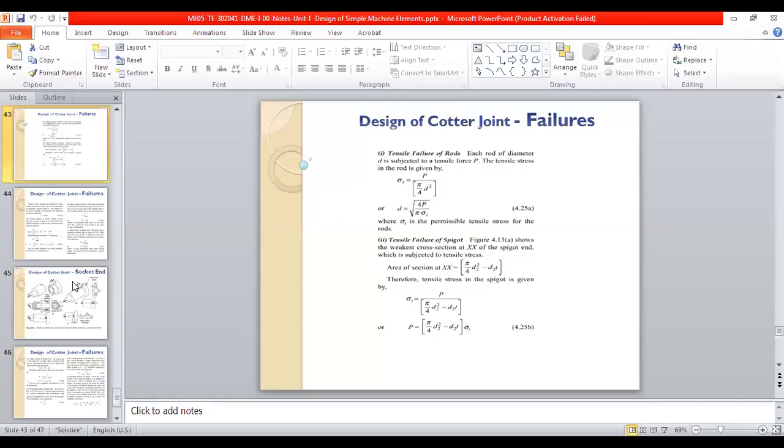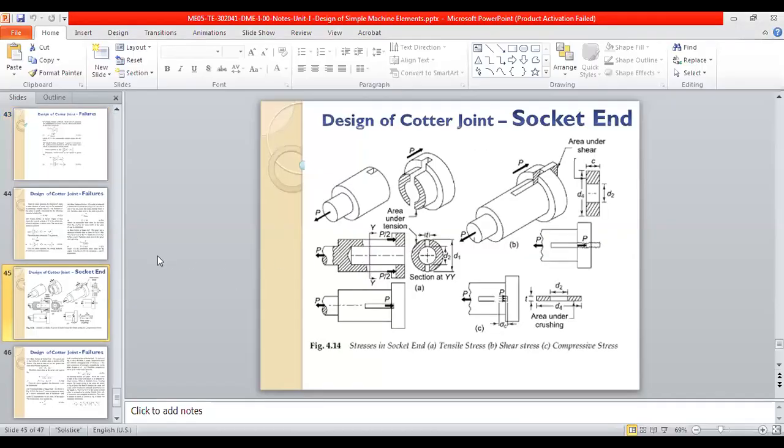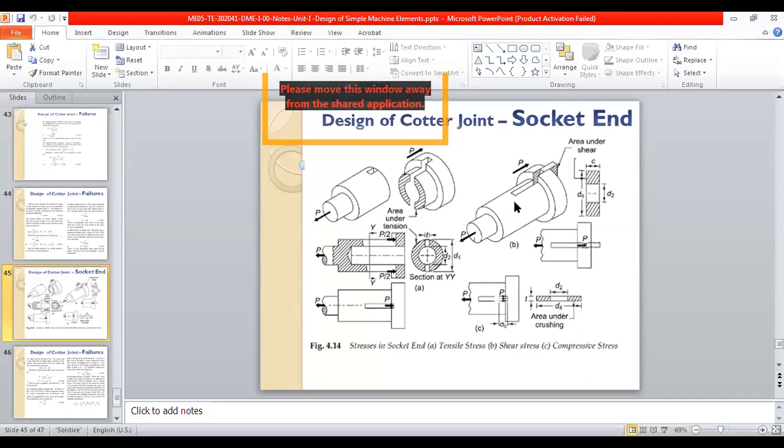Okay, so basically, when we design a cotter joint, failure of the socket can happen in three ways. The socket might fail because of tension, or because of shear, or because of crushing.